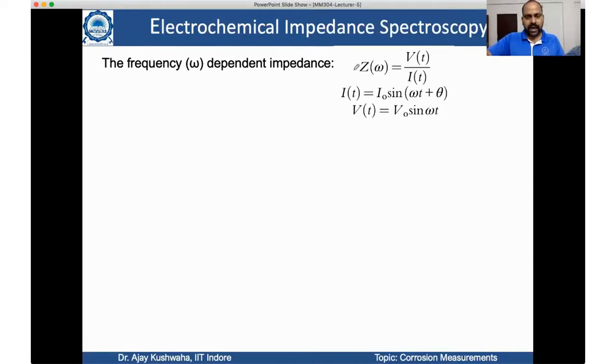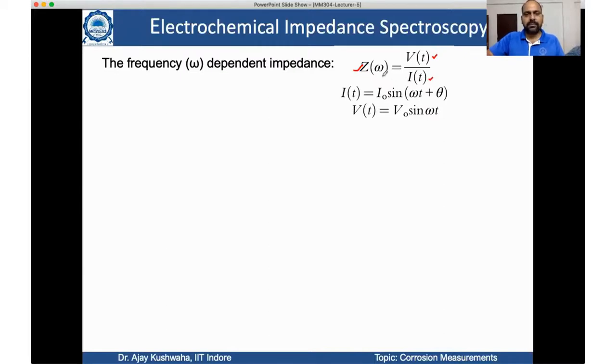Basically, how the impedance changes with respect to omega, because we are also measuring with respect to the change in frequency. We are applying a low frequency to a high frequency range. So we can simply write Vt by It, the change in the voltage with respect to time and the change in the current with respect to time.